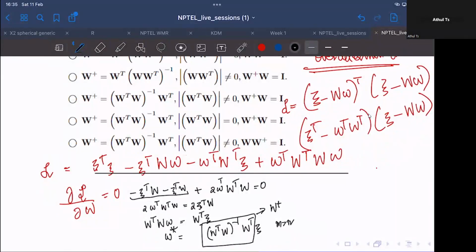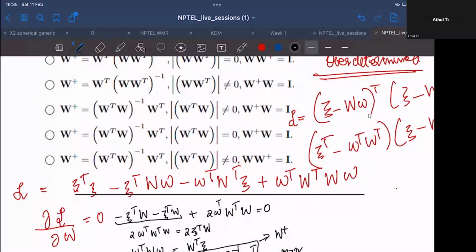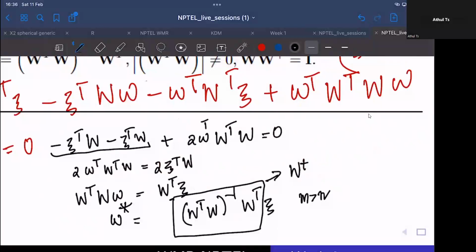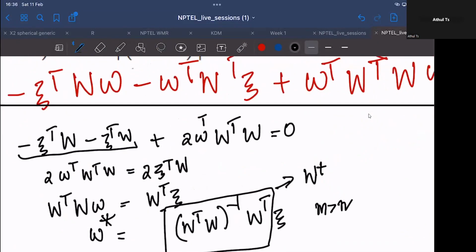And again, what are the conditions? In order for the left pseudo inverse to exist, since this is an inverse, the entire W transpose W should be invertible, and the inverse should exist. Then the determinant of W transpose W should not be 0.